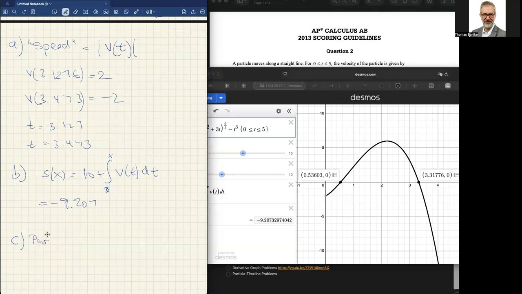The particle changes direction when v of t crosses the x-axis or changes signs.